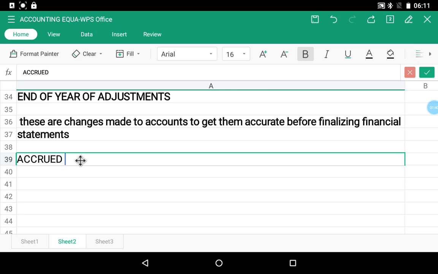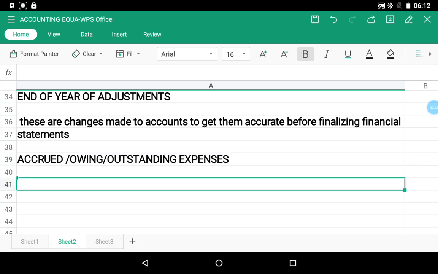You can call it accrued, you can call it owing, you can call it outstanding expenses. Those are common names that they always ask for.